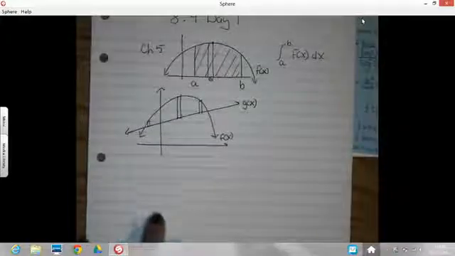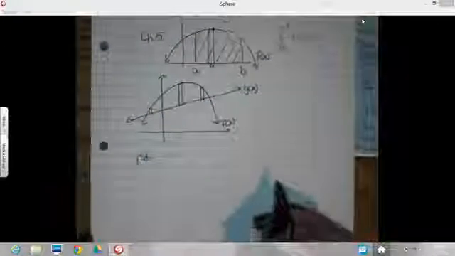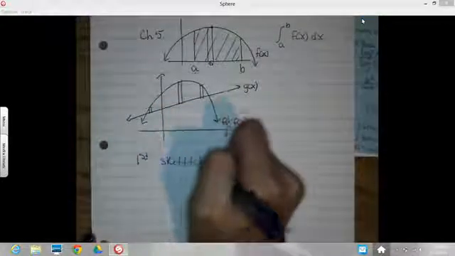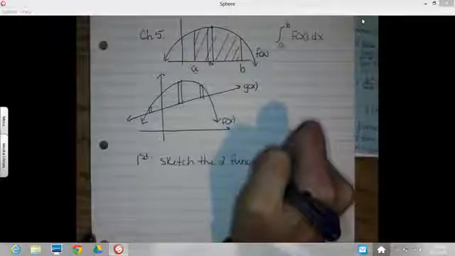Okay, let me go through the process, and as I explain the steps, I'll point back to the picture here. So the first step, obviously, is to sketch the two functions and draw in the rectangle.